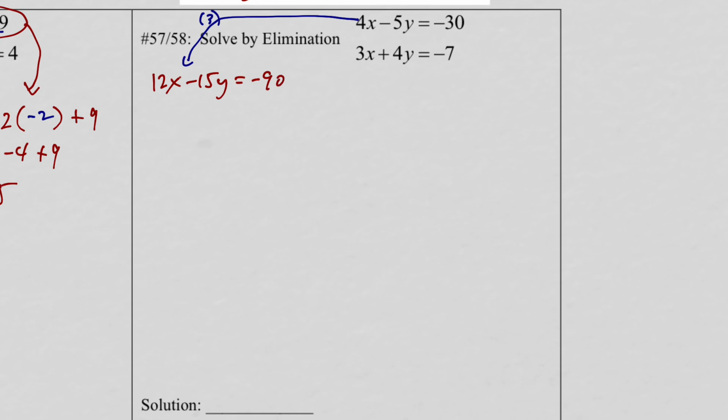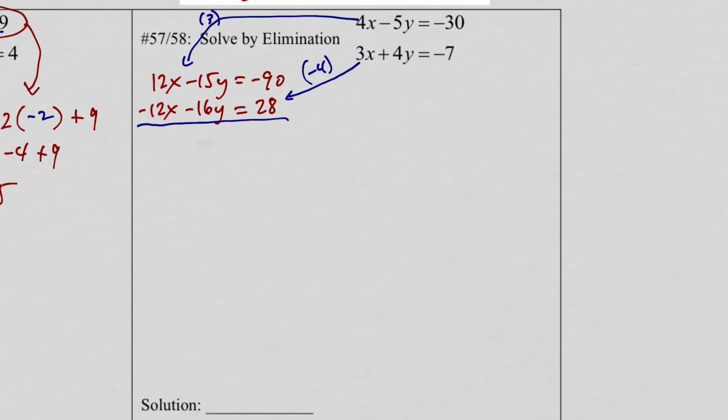And then to bring this, I have to multiply not by 4, but by negative 4. And I'll get negative 12x, that'll give me an opposite, minus 16y is equal to negative 4 times negative 7 is a positive 28. And now I'm going to add these two together.